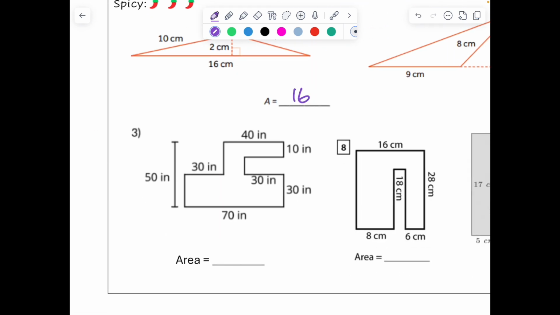All right, here we got some breaking up to do. Why don't we chop it off here? So this is a 70 by 30 right here. So 70 times 30 is 2,100. This part right here is 20 because we've used up 30 here and the whole thing's 50. And this part's 10, which means this part is 10.